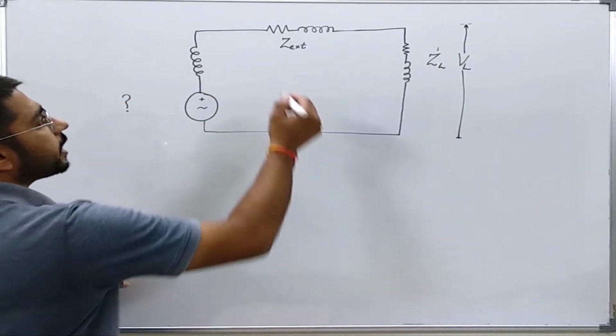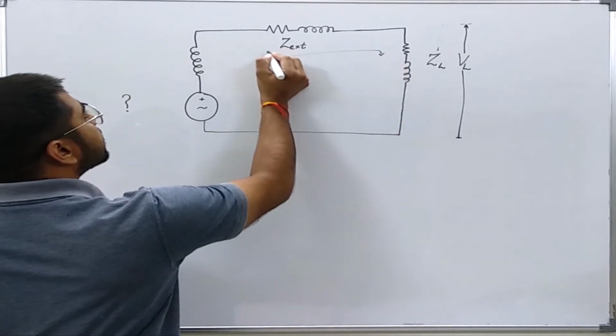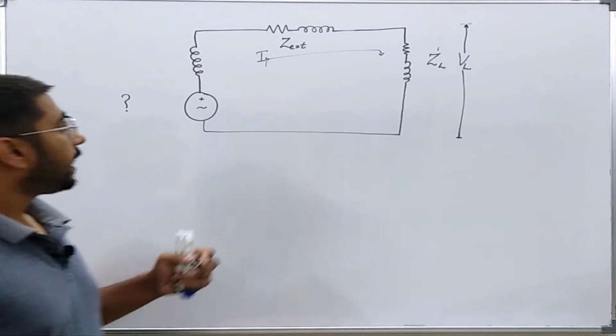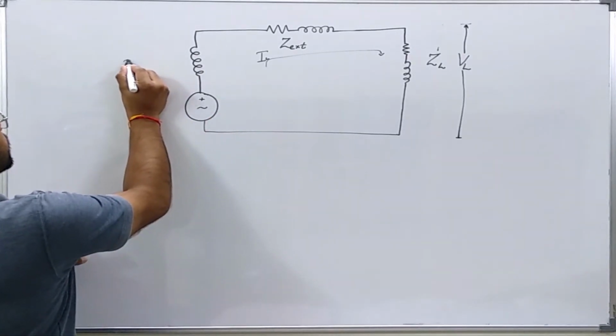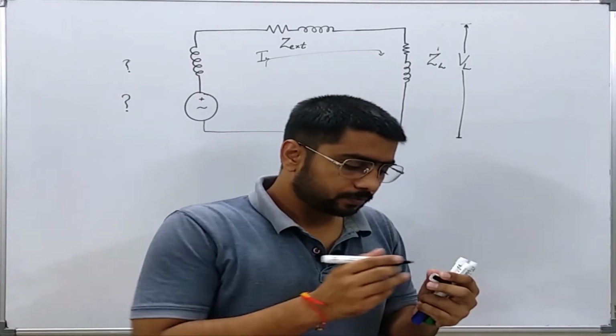And the current flowing through the system is, let us say, IL, the load current. As of now, I have not shown these two quantities which pertain to the synchronous generator at load.